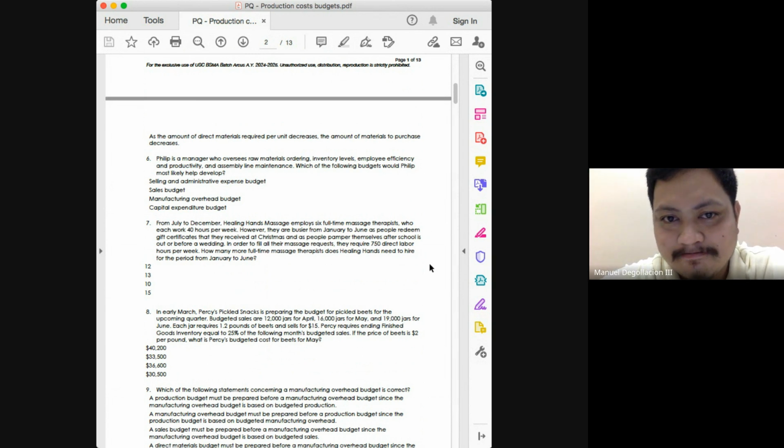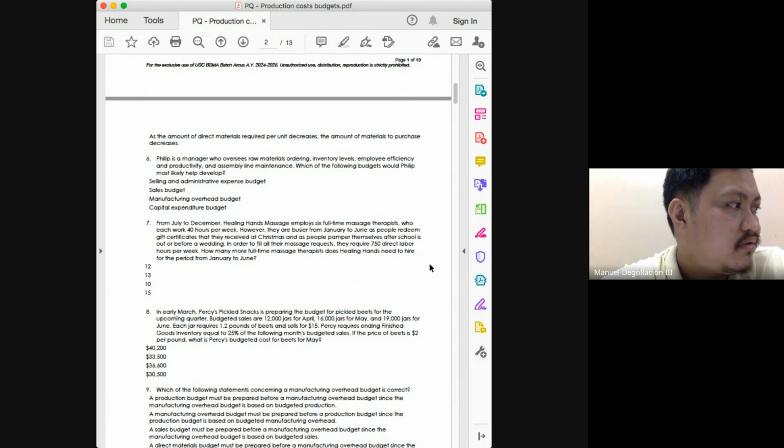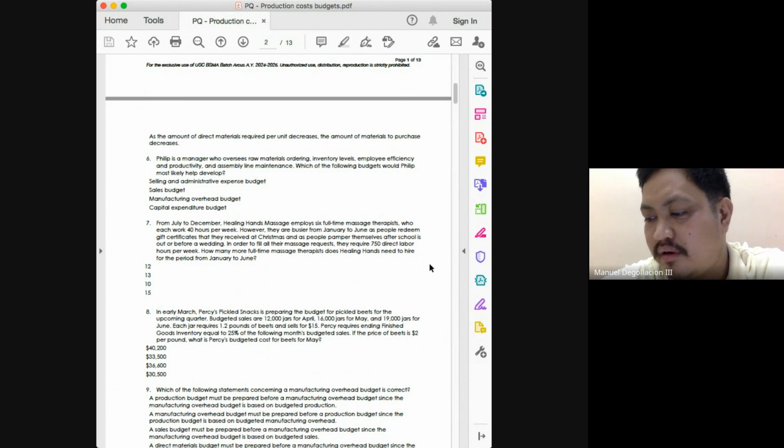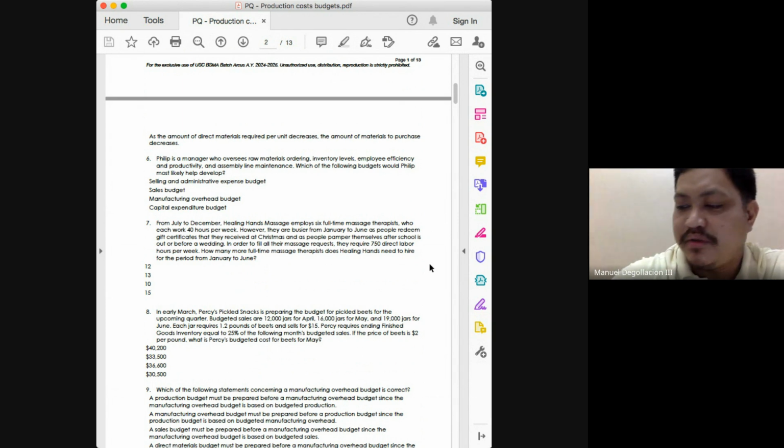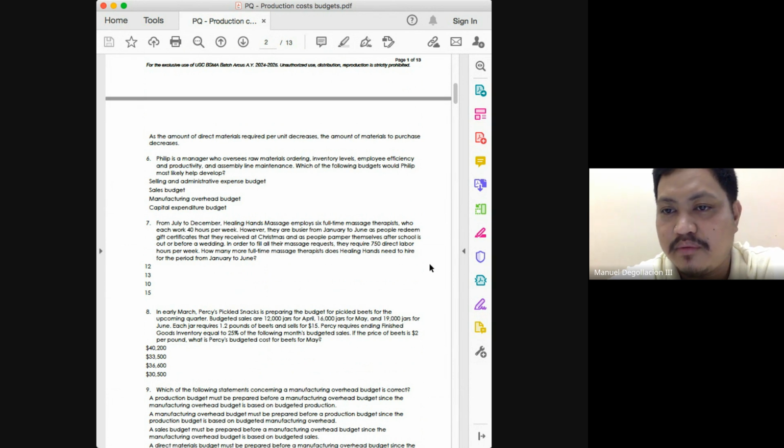Since this would require 18.75 therapists, but you cannot have a fractional or non-whole number of therapists, you cannot say you will have 18.75 persons. It should be rounded up to one person. So basically you would need 19 persons.